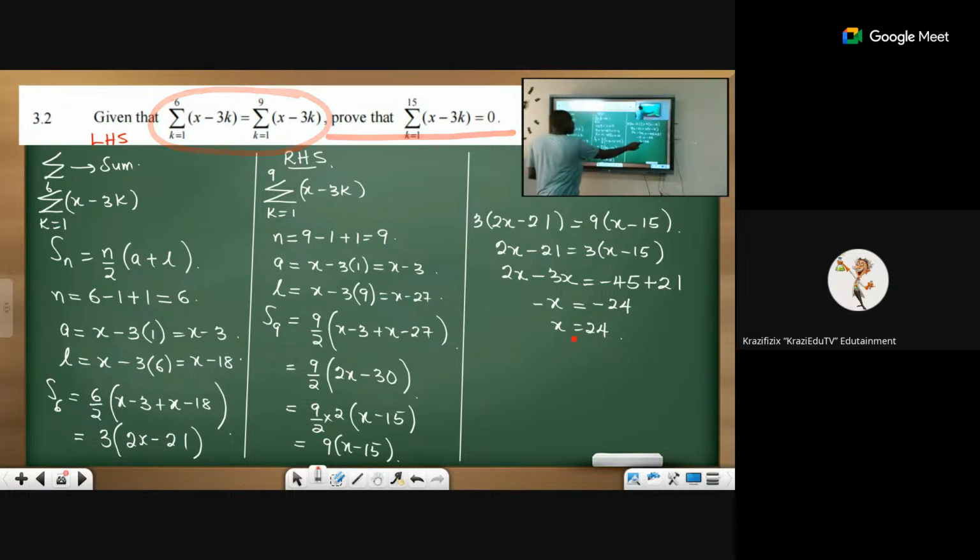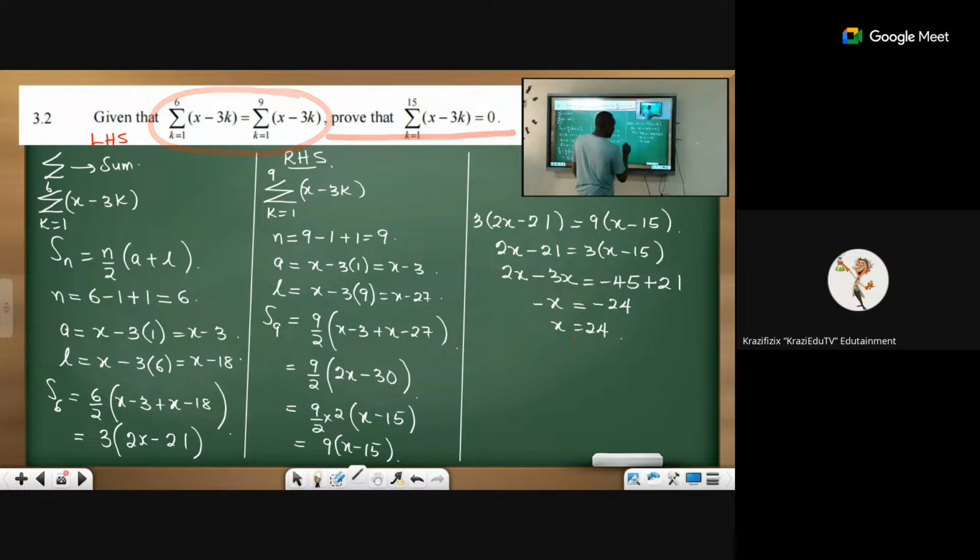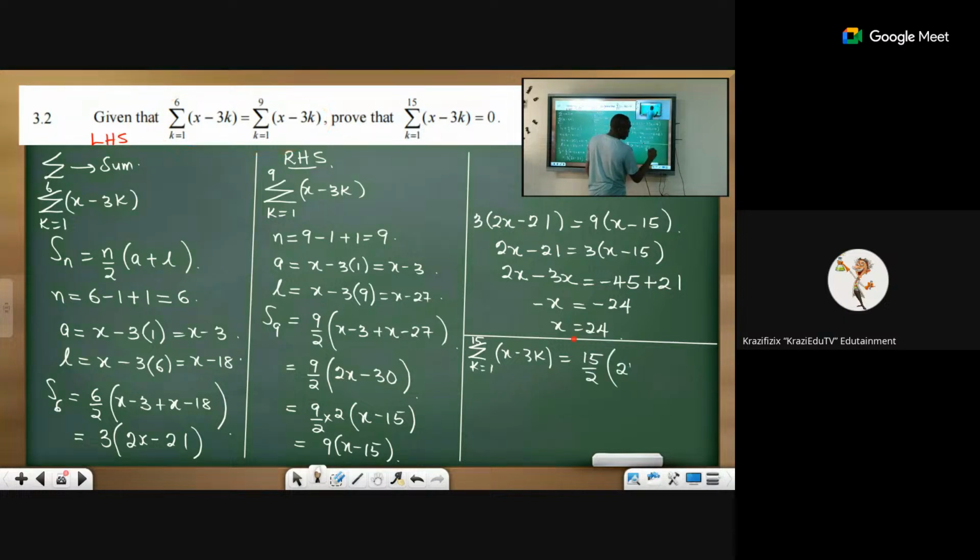X as 24. Now you'd come here and simplify this one by saying k equals 1 to 15, x minus 3k will be equal to what? S15, which is 15 over 2, 21 minus 21.